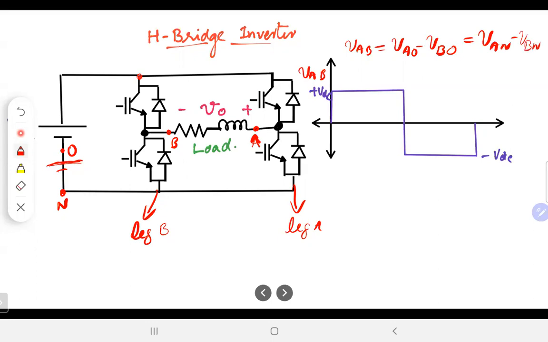But the point here is that VAB is a floating voltage because neither point A nor point B has a fixed potential. It keeps changing.